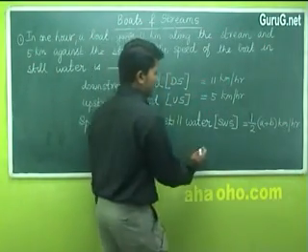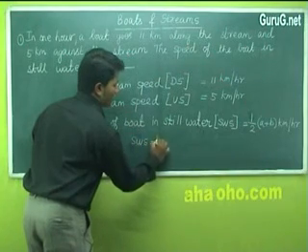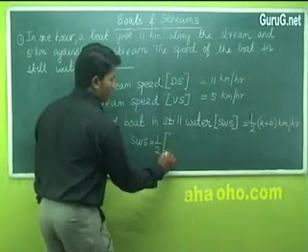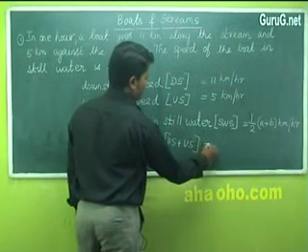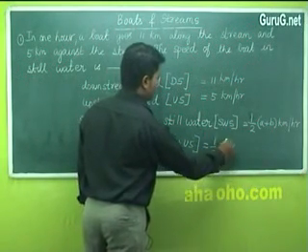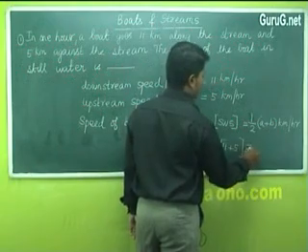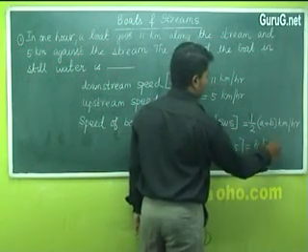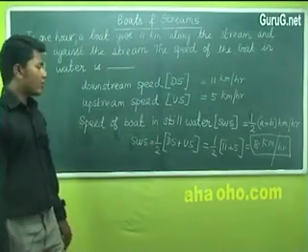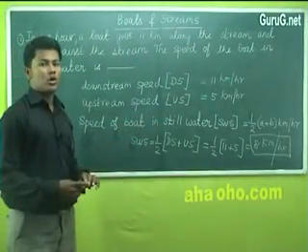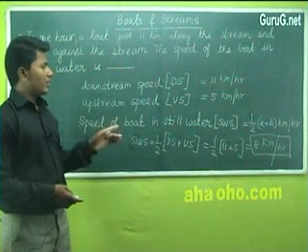In this case, SWS is equal to half into ds plus us, which is half into 11 plus 5, that is 8 km per hour. So we have found the speed of the boat in Stillwater, that is 8 km per hour. Very simple problem.